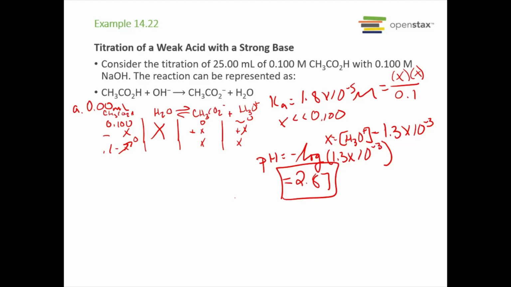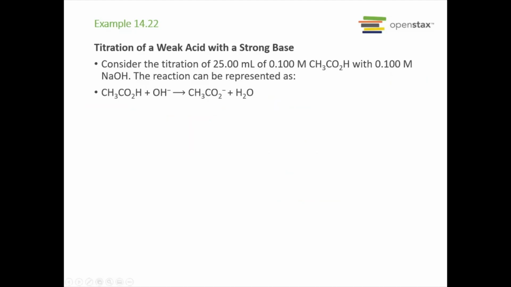So A was the nice easy one. And now we're going to step it up with B, C, and D. Okay, so part B now wants us to find the pH when we add 25 milliliters of NaOH. So looking at the reaction, this now gives us the equivalence point, right?